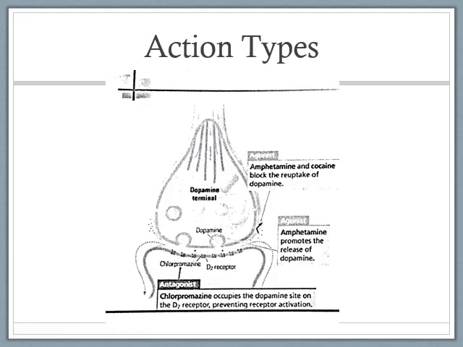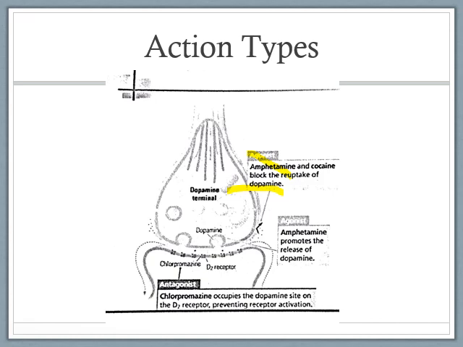So here is a visual that shows you, once again, the presynaptic and postsynaptic, but it also shows you different action types. So here it's showing that amphetamine and cocaine block the reuptake of dopamine, and that is an agonist, which we'll get into the terminology and definition of agonist, antagonist in a little bit, but it's basically what you already understand regarding those terms.